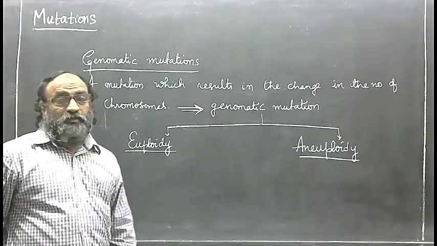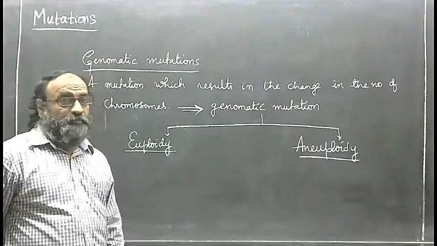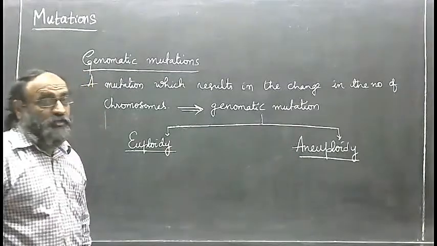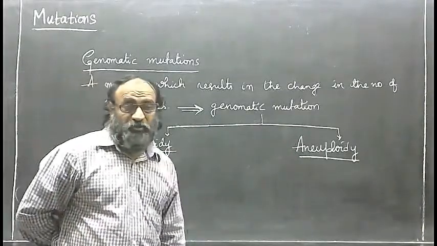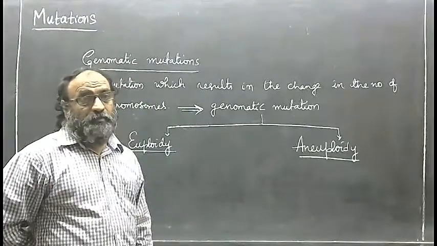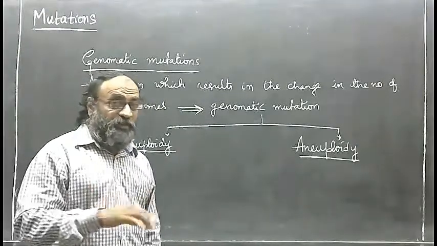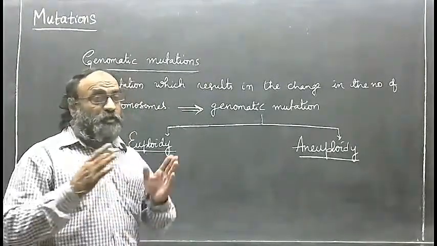Then what is euploidy? Euploidy is a kind of genomatic mutation.